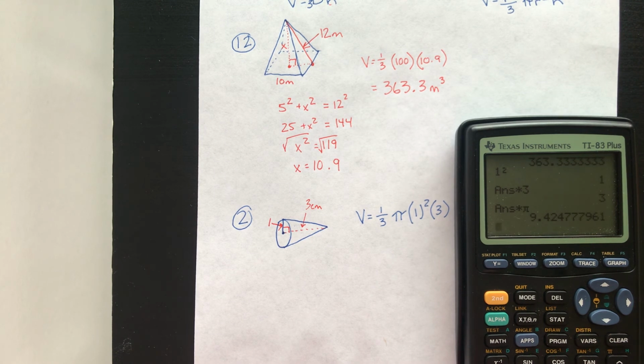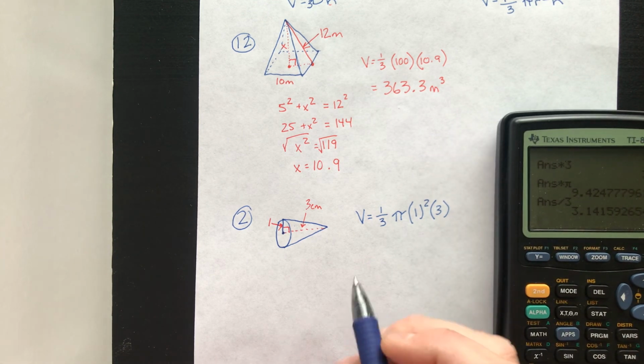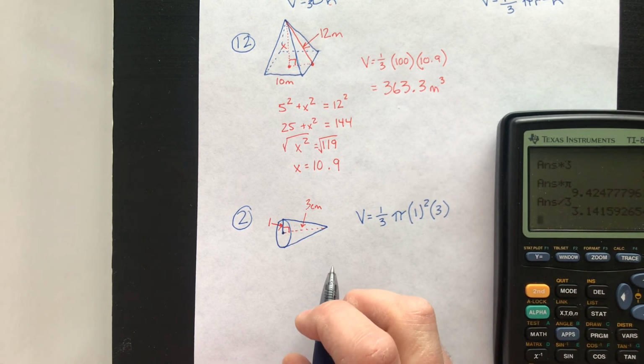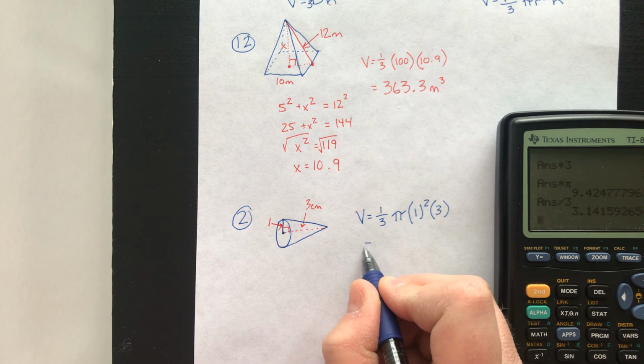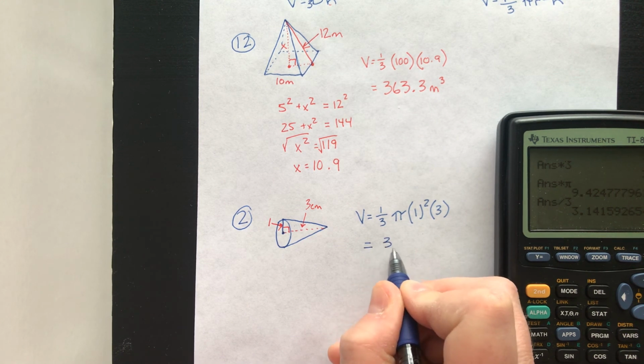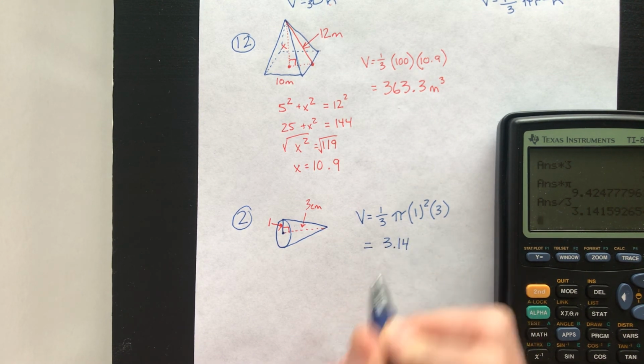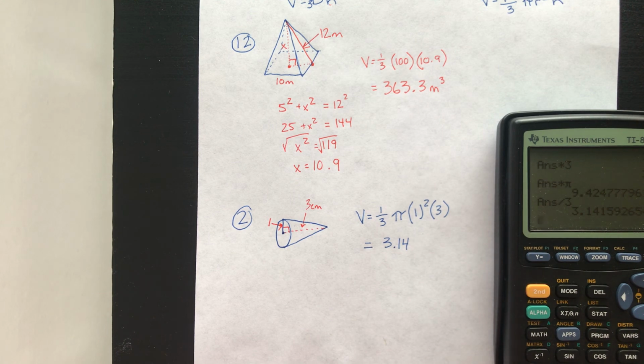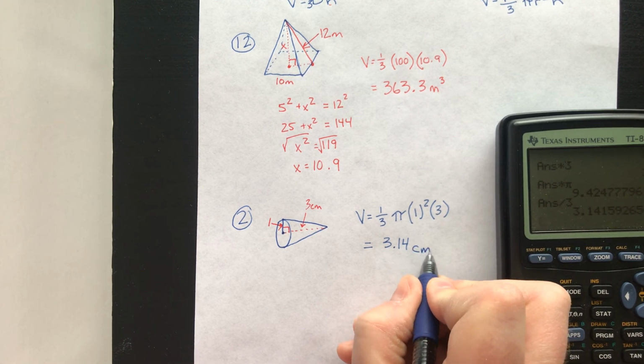Now, remember, do not forget to multiply by 1/3 or divide this by 3, all right? And my answer is 3.14. Basically what you're doing is you're getting pi back, all right? Your answer is just pi. They want us to give this answer, though, 3.14, and this is centimeters cubed.